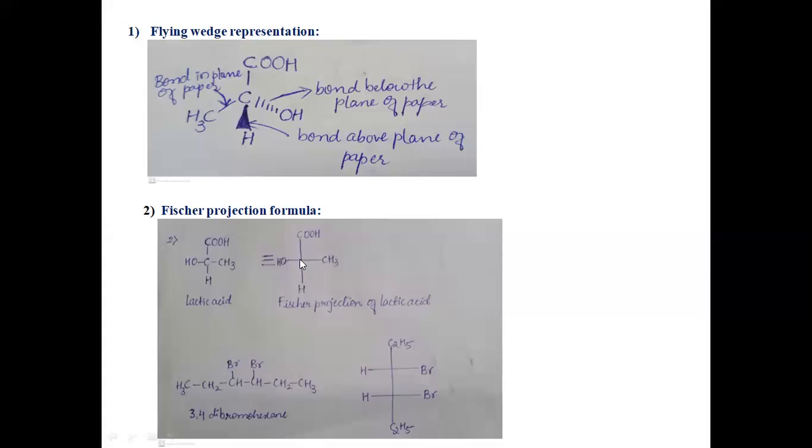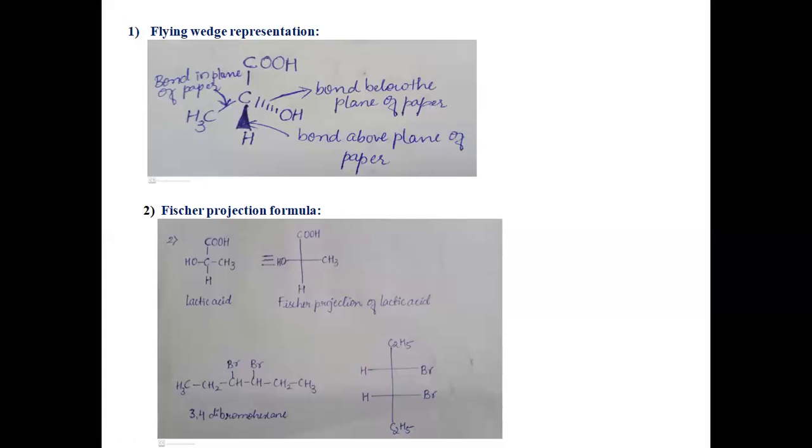The point of intersection of the lines is nothing but the chiral carbon atom. At the point of intersection of both the lines, that is a horizontal line and a vertical line, indicates the chiral center or chiral carbon atom.